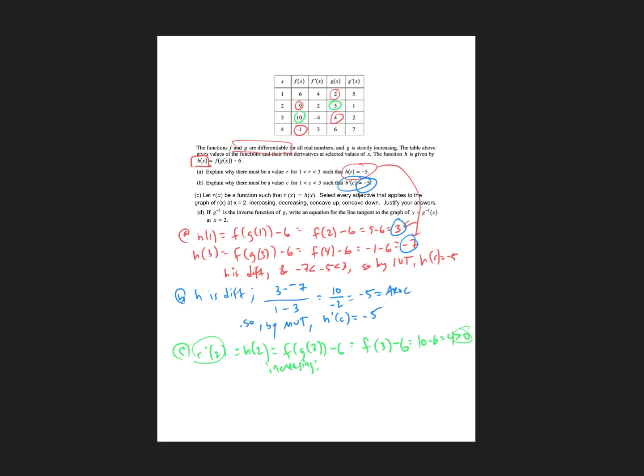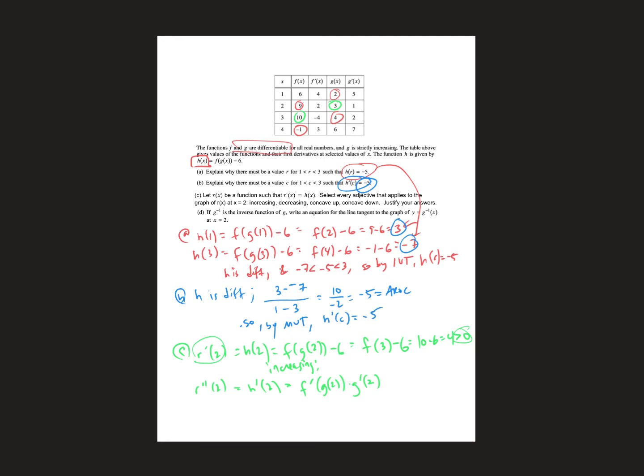And then for concavity, we have to look at the second derivative, which is the derivative of h. And the derivative of h, we'd have to use the chain rule. F prime of g of 2 times g prime of 2. And of course, the negative 6, the derivative of that is 0.